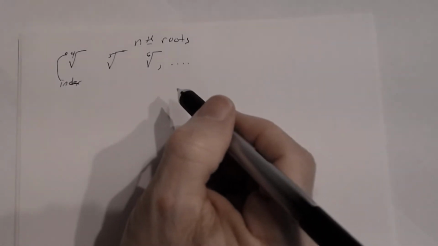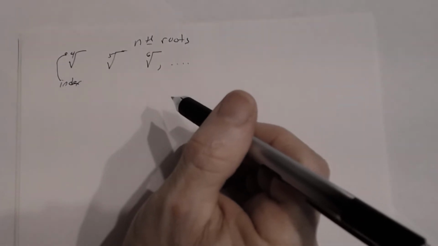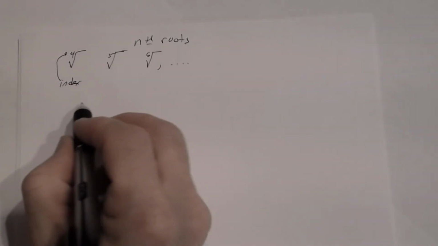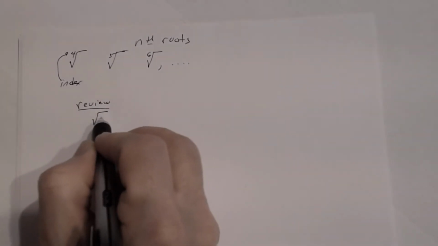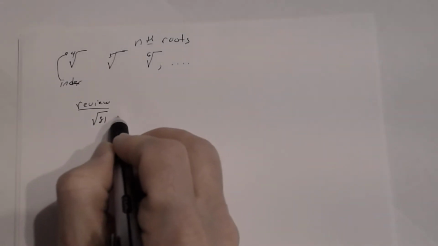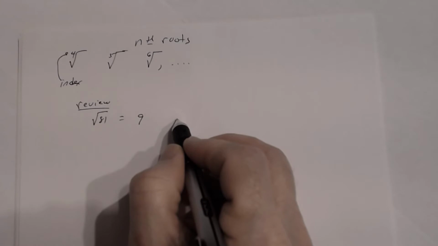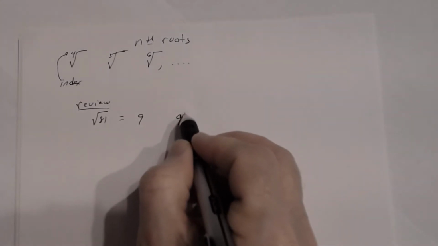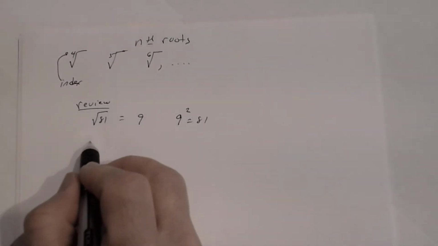In the previous lesson, we looked at cube roots, and the one before that, square roots. Let me remind you of something. This is a quick review. The square root of, let's say, 81 is equal to 9, since 9 squared, 9 times 9, is 81. And the same thing for cube root.